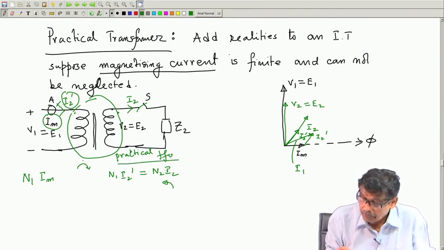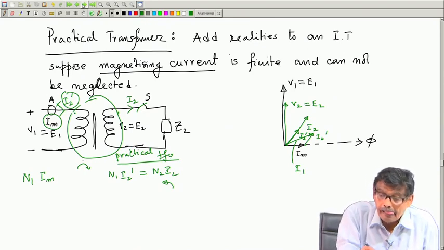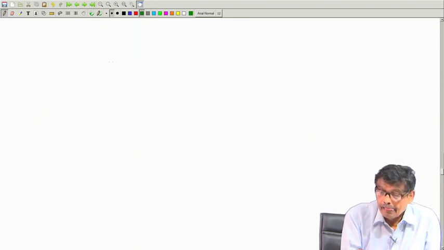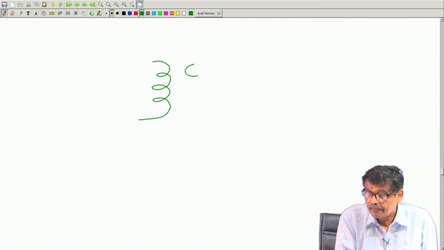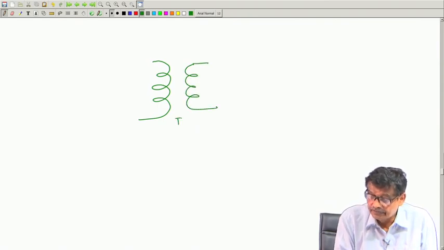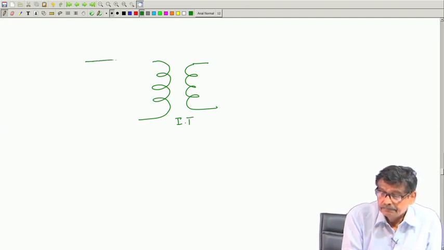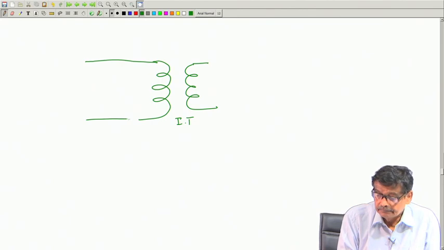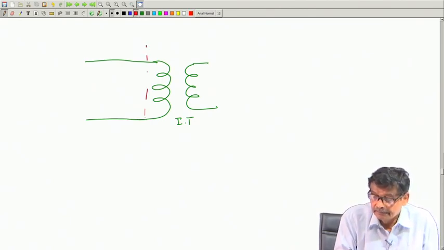What I will do now, I will say consider this as the ideal transformer. I will put a dotted mark around it.